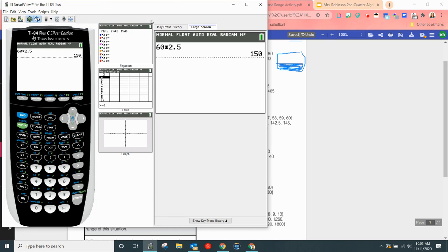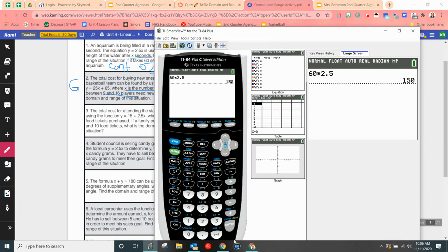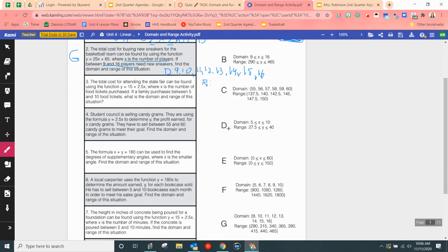So 25 times the number of players I have, which is 9, equals $225, but I'm supposed to add $65 to it. They must have like a shipping charge or something. 290. So that would be one option of my range. My Y value could be 290.